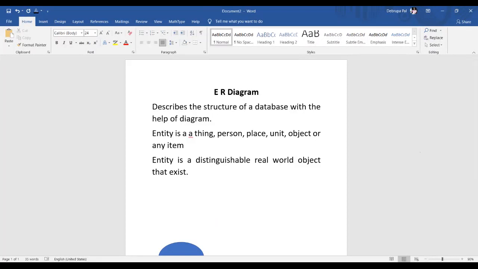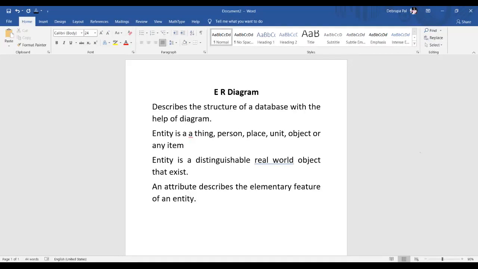Similarly, if we talk about the attribute, attributes can be defined as the features. So we can say that an attribute describes the elementary feature of an entity.